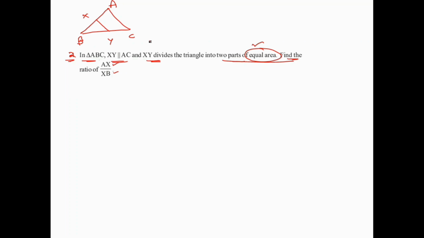Now let's see how we'll do this, right? If you're looking at the diagram here, I can say that in triangle ABC and also in triangle XBY, angle B is common, and angle A equals angle X, and angle C equals angle Y. How can I write this?